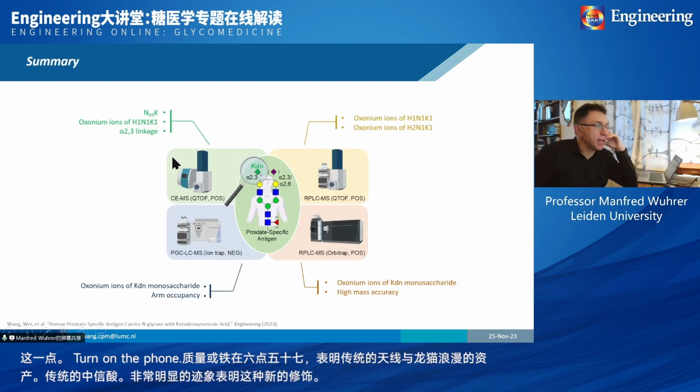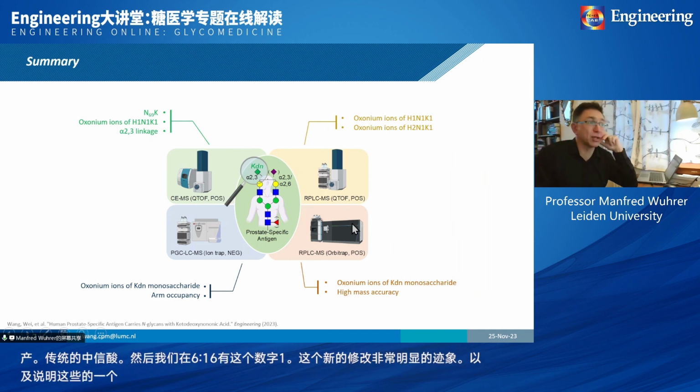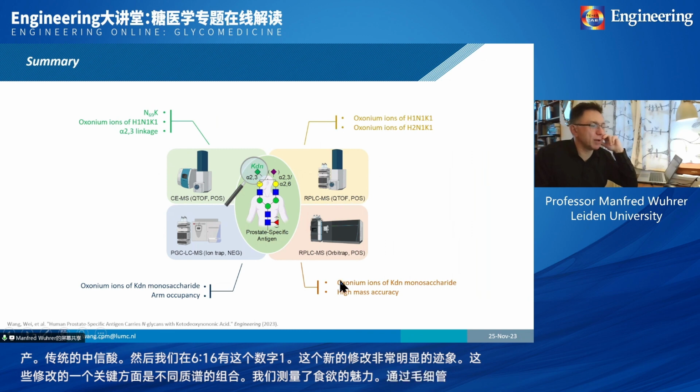A key aspect for elucidating these modifications is the combination of different mass spec tools. We measured glycopeptides by capillary electrophoresis with mass spec, and by reversed-phase LC-MS on two different platforms.